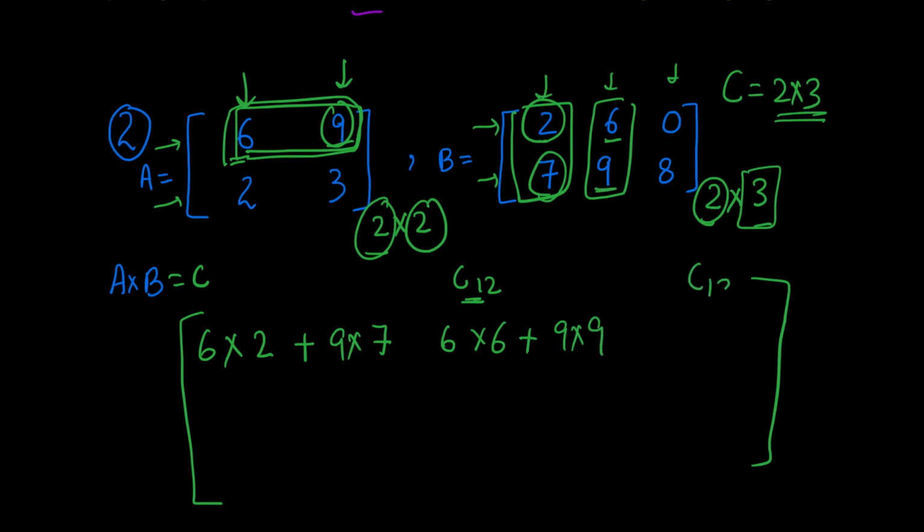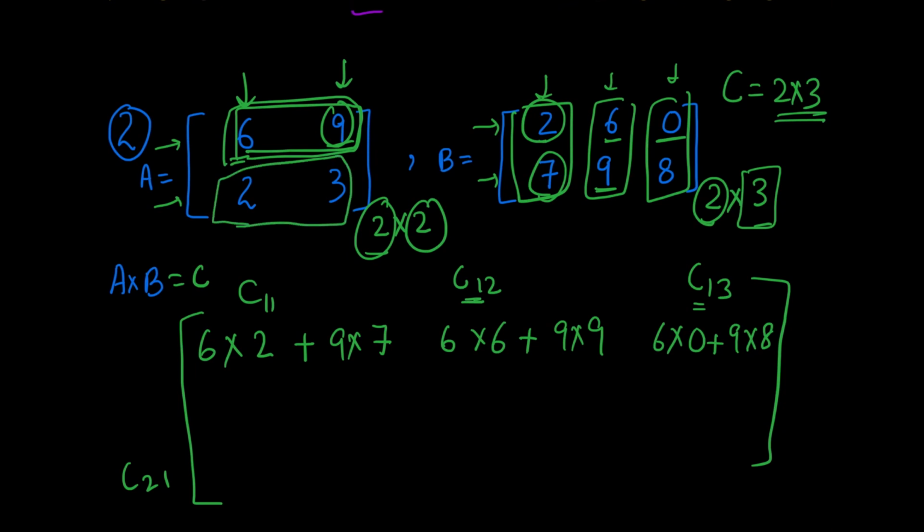Now for element C13, what will it be? So first row again and now third column. So it will be 6 times 0 plus 9 times 8. Okay. Now let's begin with the second row and first column, C21. So you have to select the second row, and then the first column.